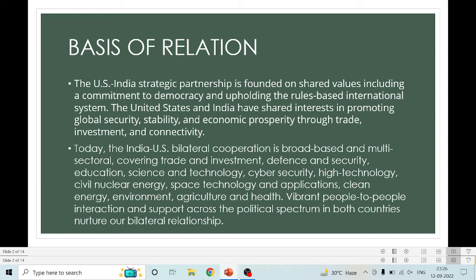They both want a world which is connected through trade networks and investment. Today, we see the basic contours of relationship between India and US is very diverse. It is spread from economy to people contact to defense and security to cyber security to science and technology, to all the fields. There is a kind of convergence between India and USA.